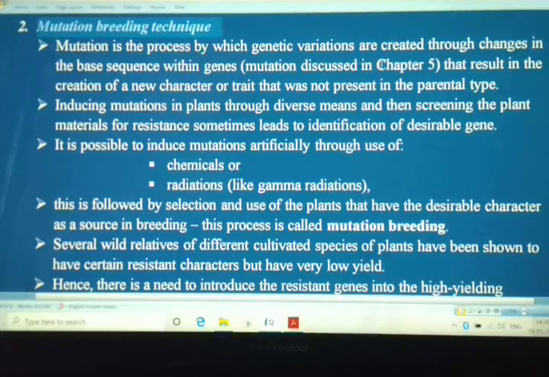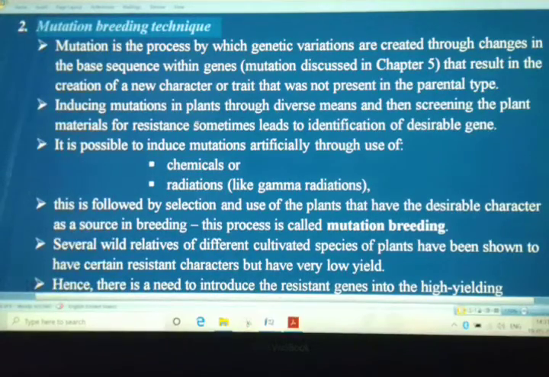Mutation has been discussed in chapter number 5, that is, about genetics. The result is the creation of a new character or trait, which is not present in the parent type.